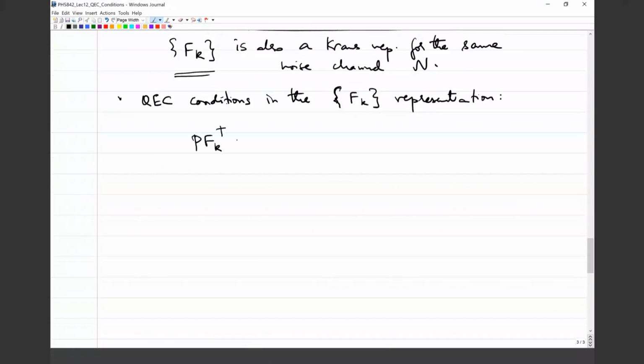So now if I write Fk dagger Fl projected with P, what does this look like in terms of the EI and EJ?